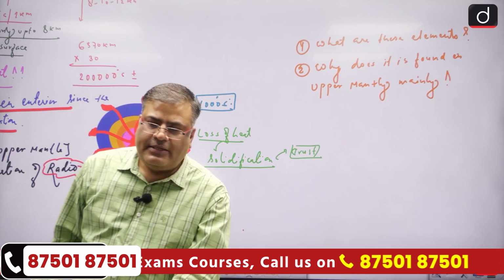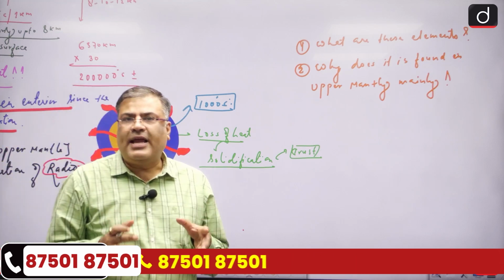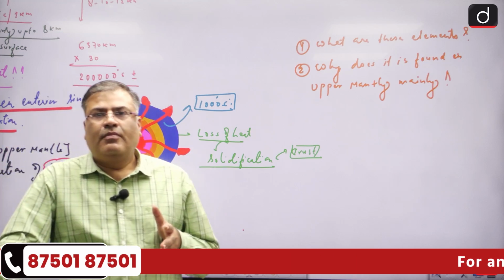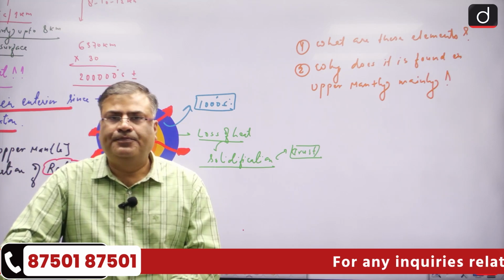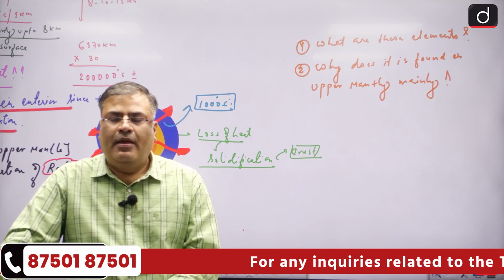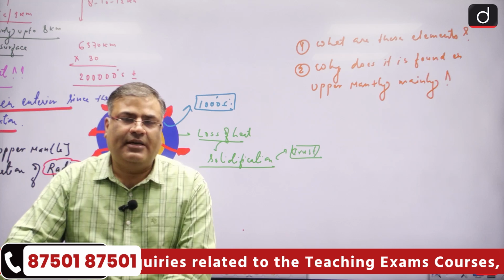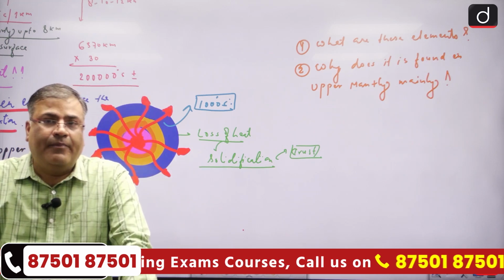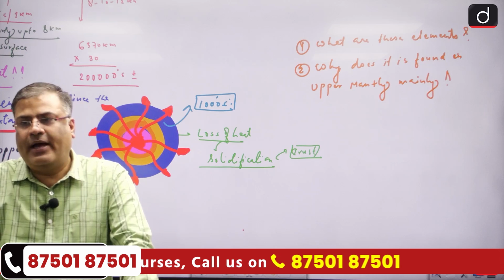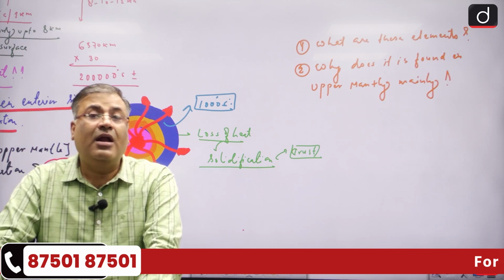Now, the answer is that radioactive elements are those elements which have very high mass. If the mass is high, their atomic weight is high, and the atomic number is also high, then due to the very high mass, these are mostly unstable.